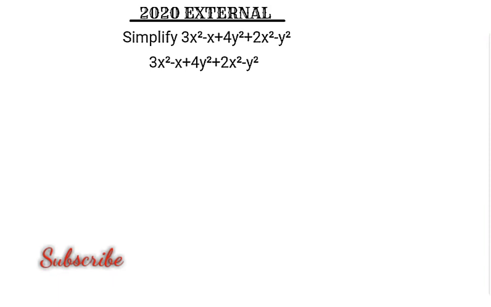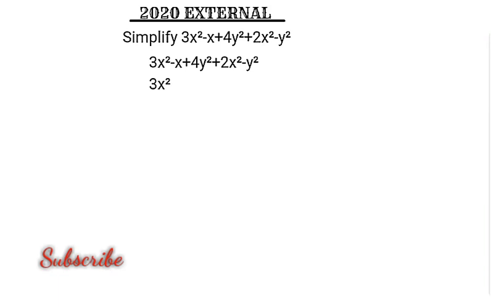What you need to do now is rearrange these terms according to their likeness. So you put like terms together. I'll start by writing 3x squared.